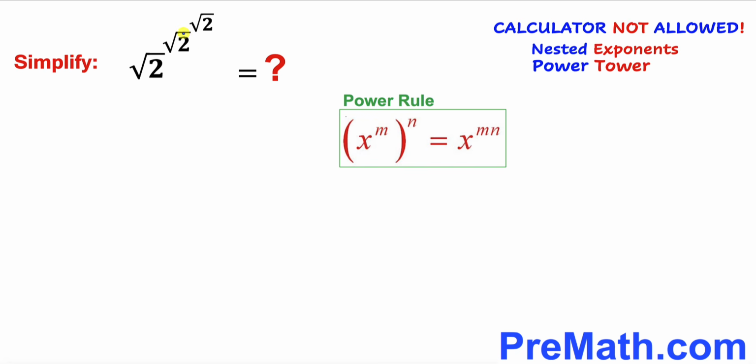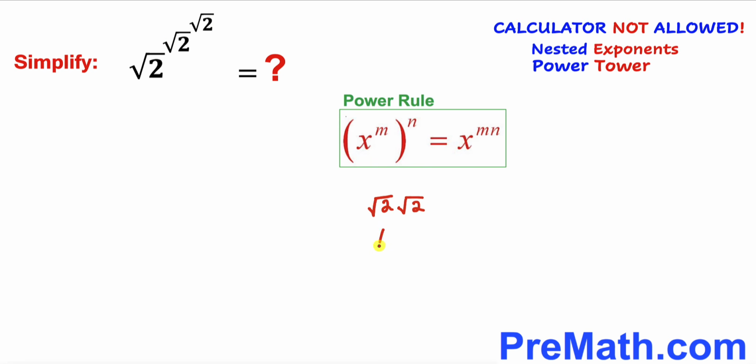And now in our case, our nested exponents are square root of 2 and then square root of 2 once again. So therefore, we are going to multiply them out. In other words, square root of 2 times square root of 2. Let me go ahead and write that down.